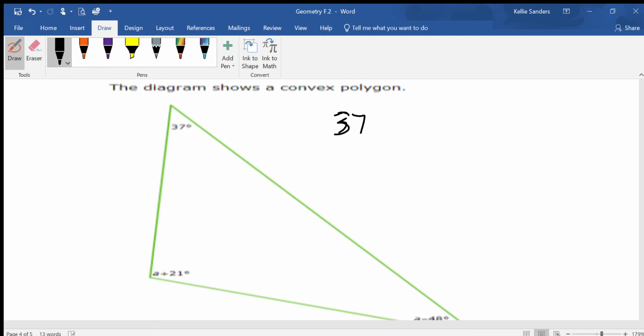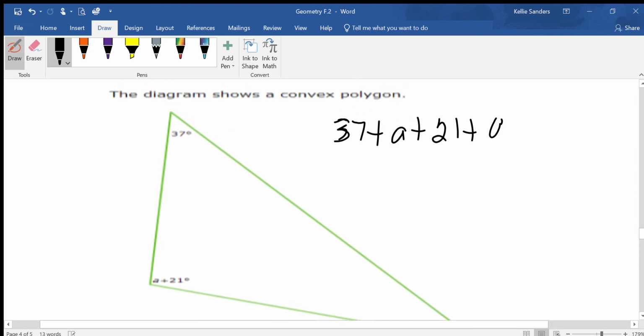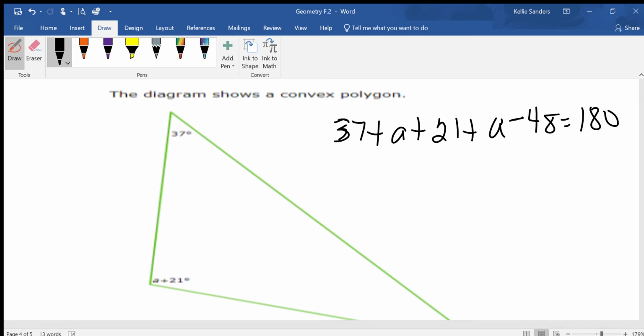Okay. 37 plus A plus 21 plus A minus 48 equals 180. 1A plus 1A is 2A.